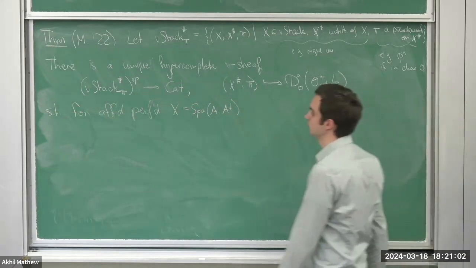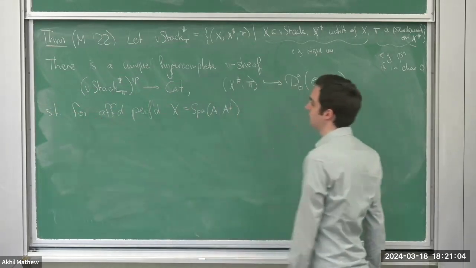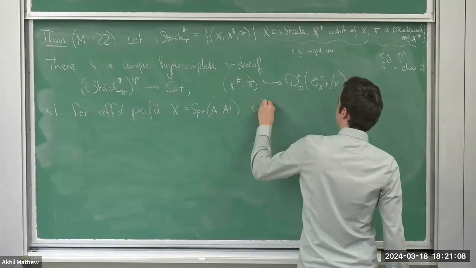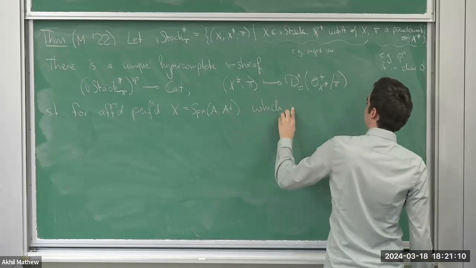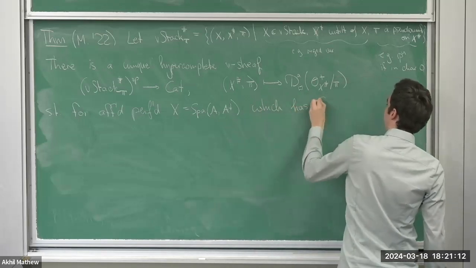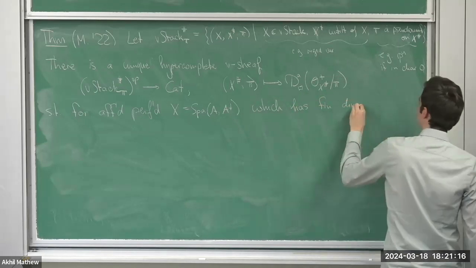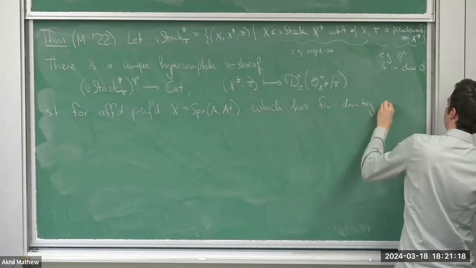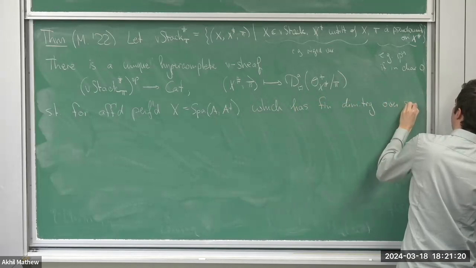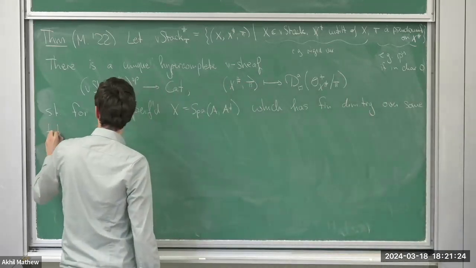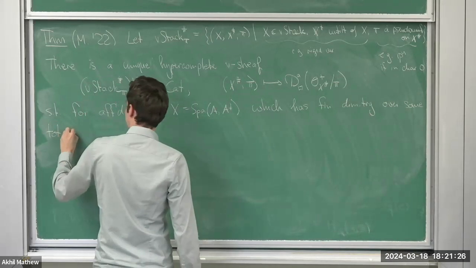I don't have it for all of them, but for enough. I have to put some condition on it, and namely that it has finite transcendence degree over some, probably disconnected, I will say something about these words in a second.